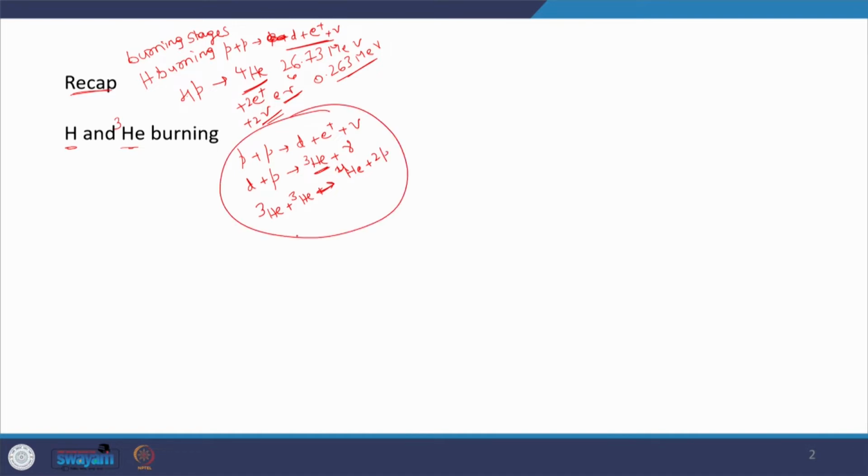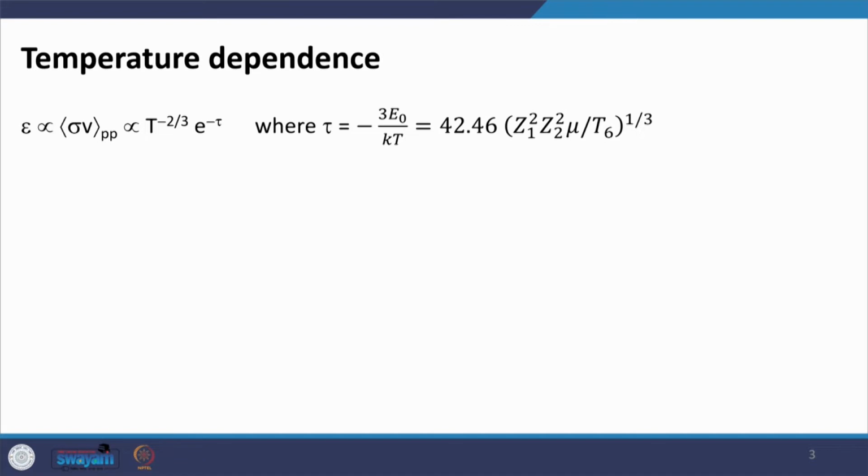So, this is basically the PP chain, and this is basically the PP1 chain. There we have PP2 and PP3 also, that I will discuss in the next lecture, maybe if time is not possible.